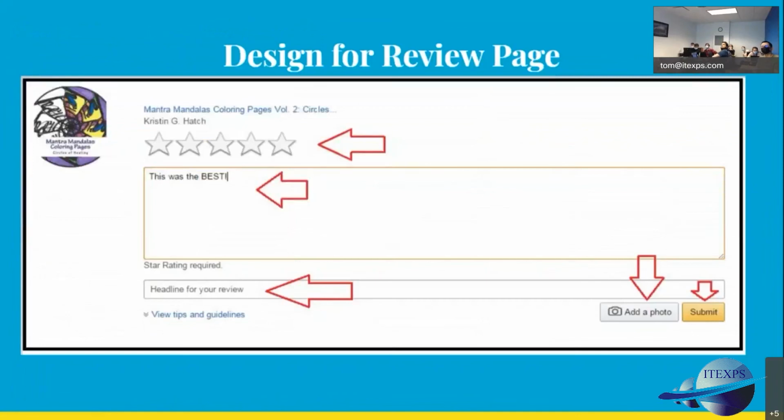And this one is the last one for the testing. This is where the customer can review and give stars for their product experience. They can give stars, they can comment, or if they want, they can add a photo and submit.